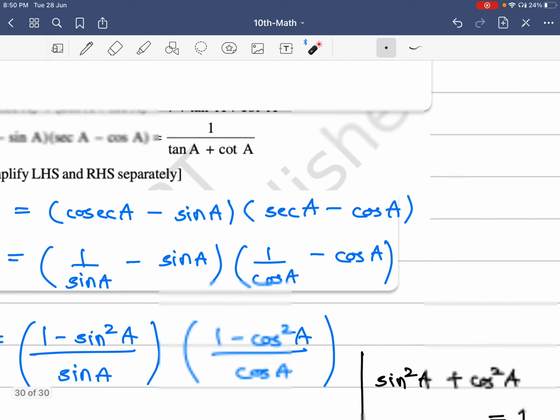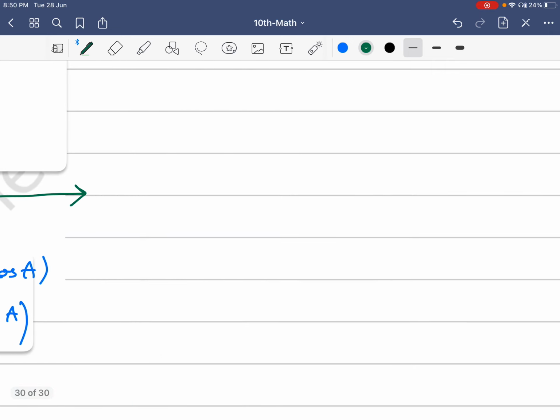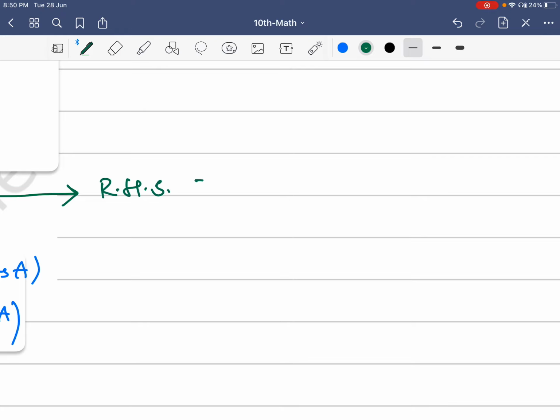So I'm going to zoom into the RHS here. RHS is equal to 1 upon tan A plus cot A. Once again the strategy is to convert them into sine and cos.